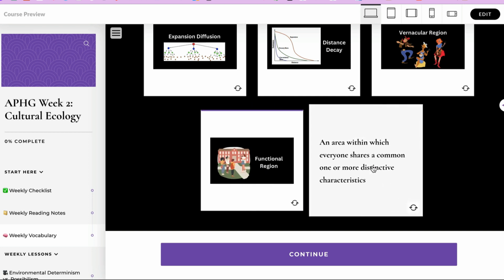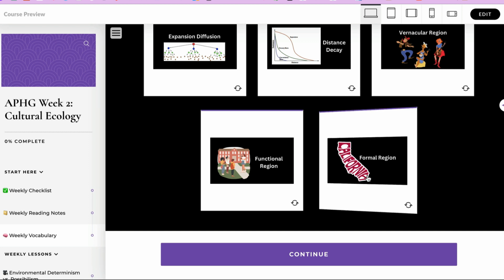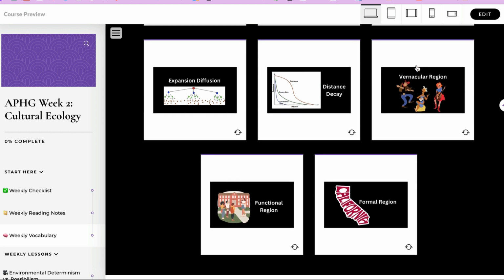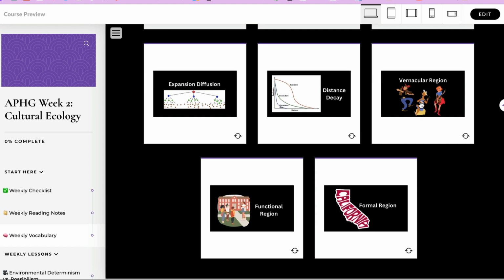And finally, a formal region is an area within which everyone shares one or more distinctive characteristics. A common example for that is states. A common example for a functional region is a train station, or in this image, a college. You have a zone around a node of influence, and that's the functional region. For vernacular, you'll commonly see examples like the South of the US.